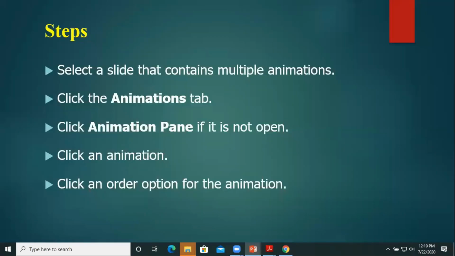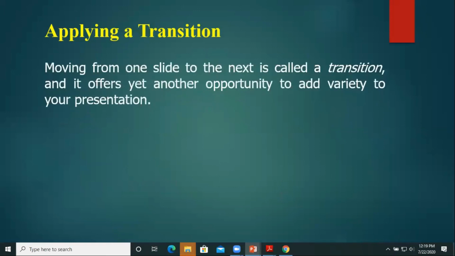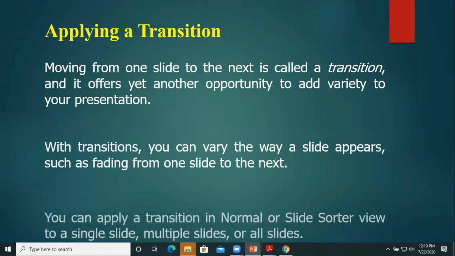Transition. Applying transition to what? A slide. What is transition? Moving from one slide to the next is called a transition. So when you have 10 slides, moving from slide 1 to slide 2 is a transition. So the transition offers yet another opportunity to add variety to your presentation.